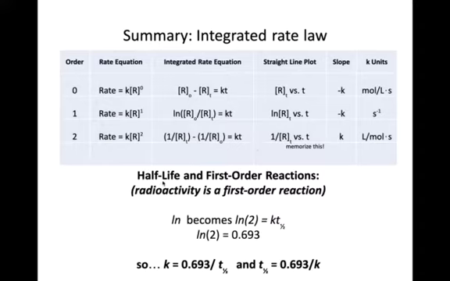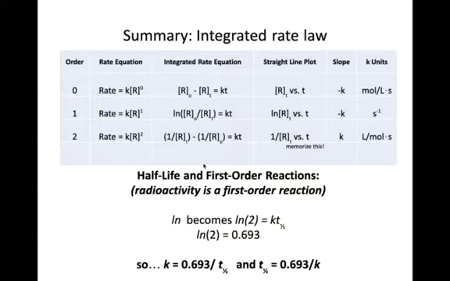Another reminder, remember that the half-life, by definition, is the time it takes for half of your concentration to be used up. So I believe in our notes earlier, we've got this table, and there's another column for the half-life equations.